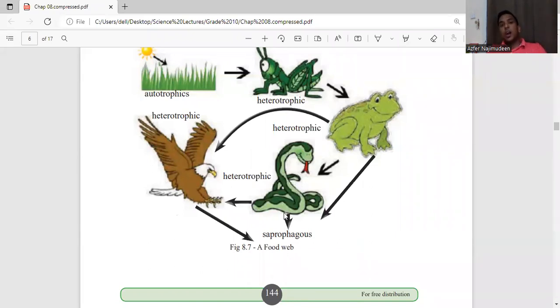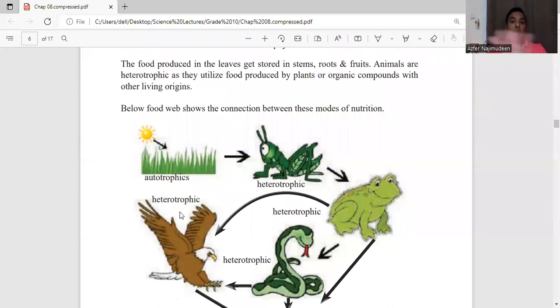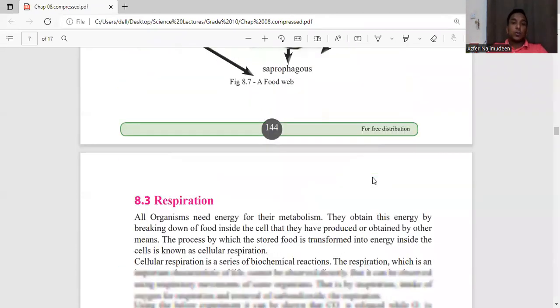So that is how you can see how the food and energy are transferred, how they depend on one another. The ones which produce their own food are called autotrophic. The ones which depend on autotrophic are called heterotrophic.